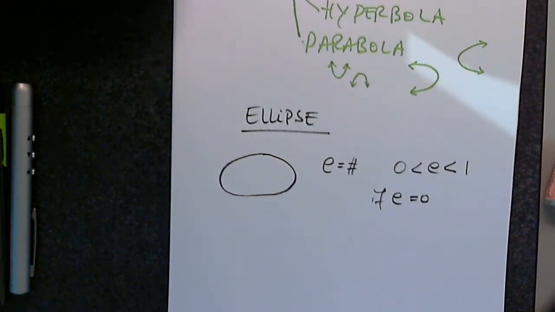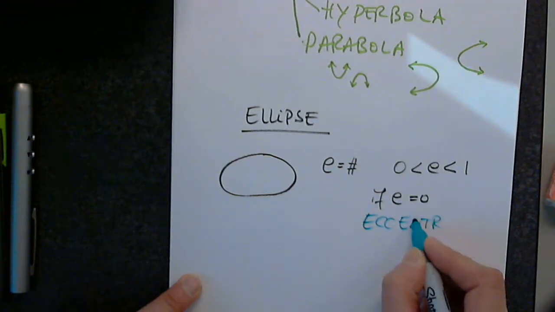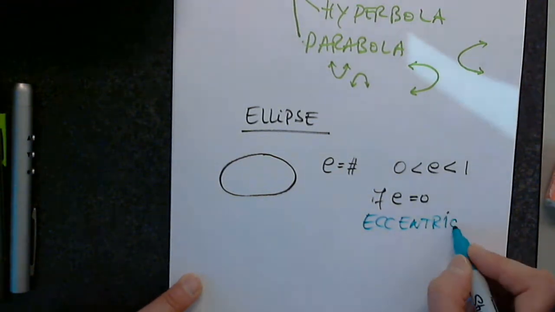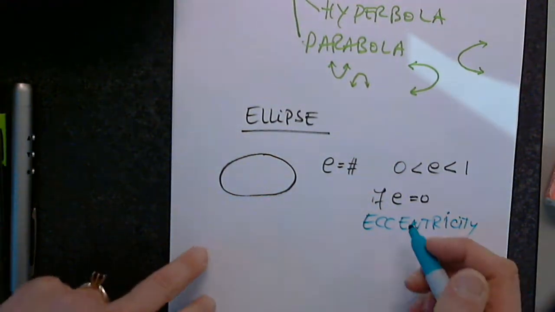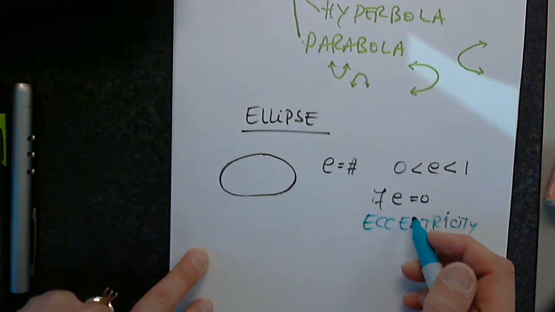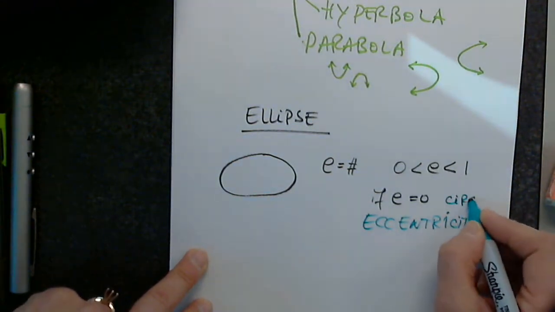If you have your book, it's on page 737. It's called the eccentricity, the eccentricity of an ellipse. If E is 0, in other words, no eccentricity, that is a circle.